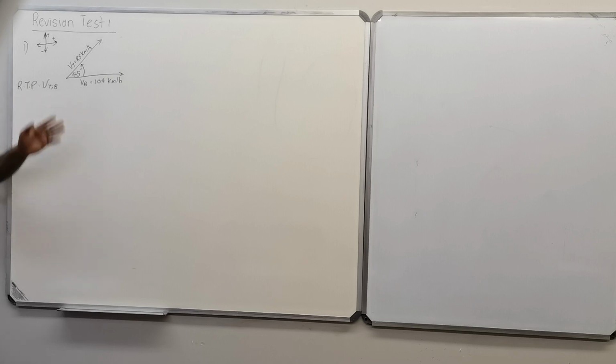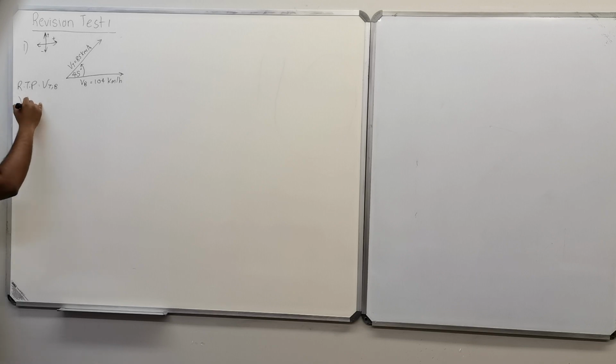How do we start? Velocity of the truck relative to the ground along the x-axis is equal to 85 cos 45 degrees. So we're going to work out the vertical and horizontal component for the truck and for the bus.